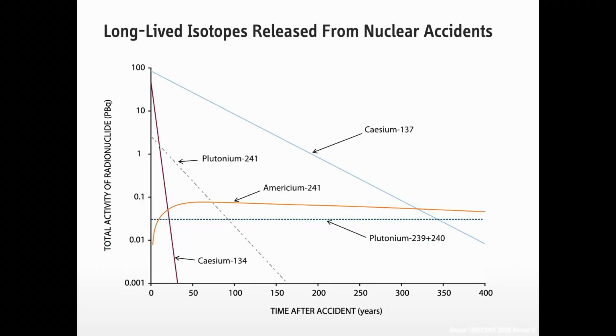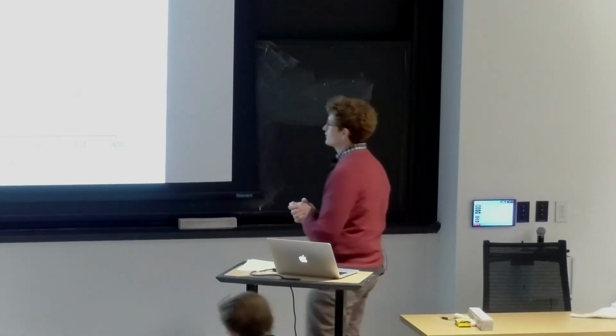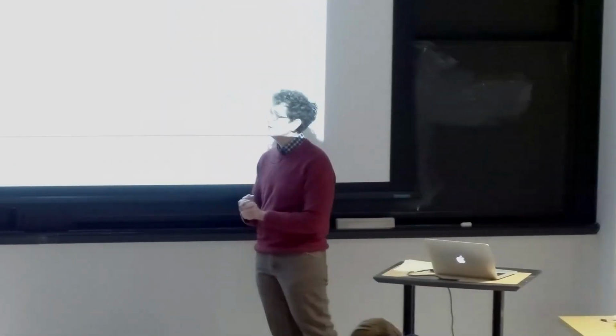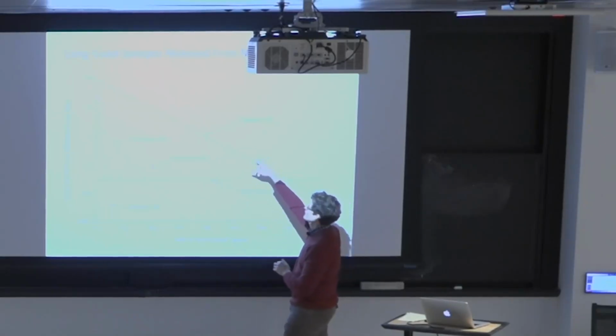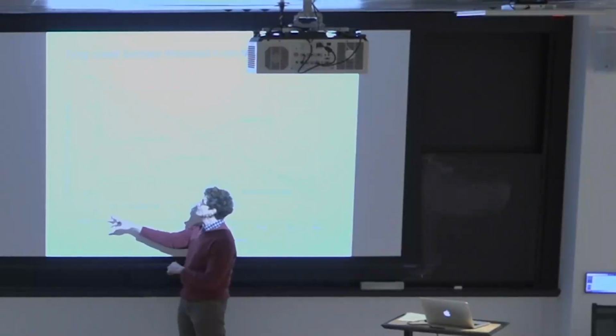I showed you this slide last Wednesday. This is some of the isotopes that come out of reactor accidents, which have large activity. And we mentioned that cesium-137, and also cesium-134, is significant in the early days.